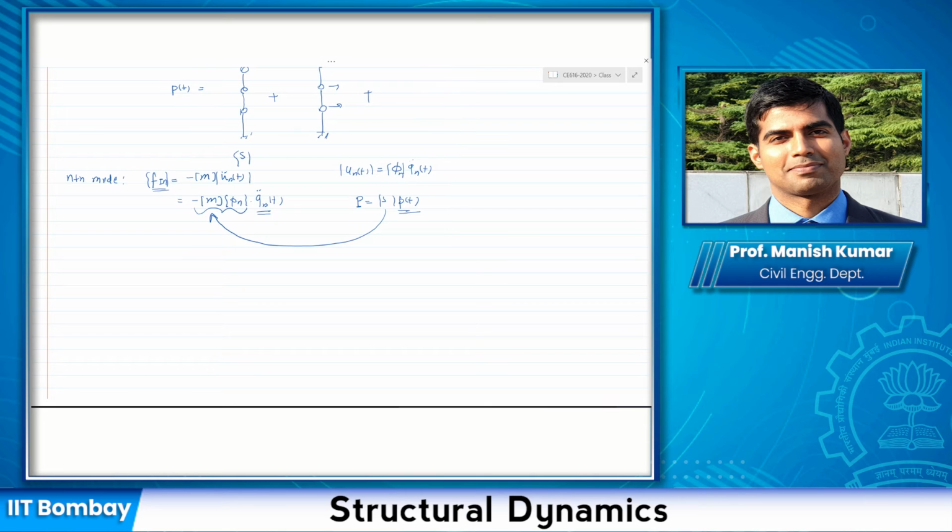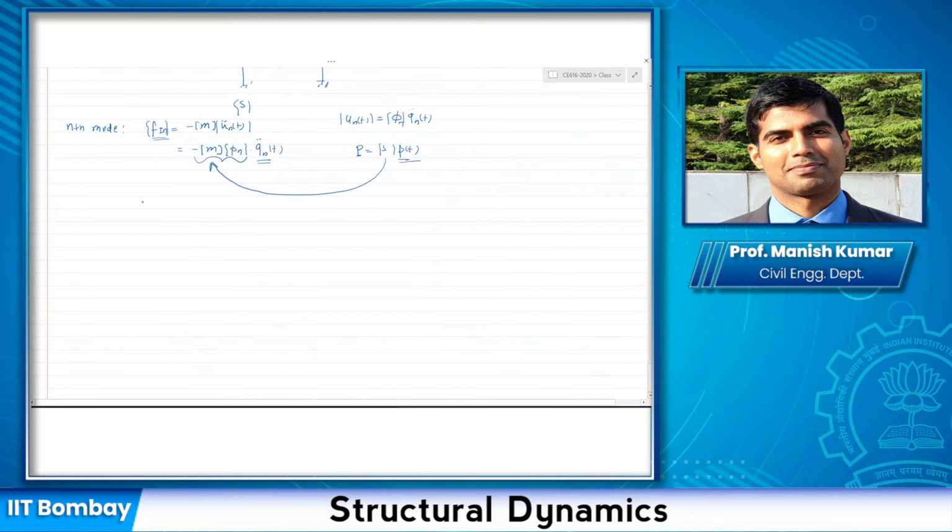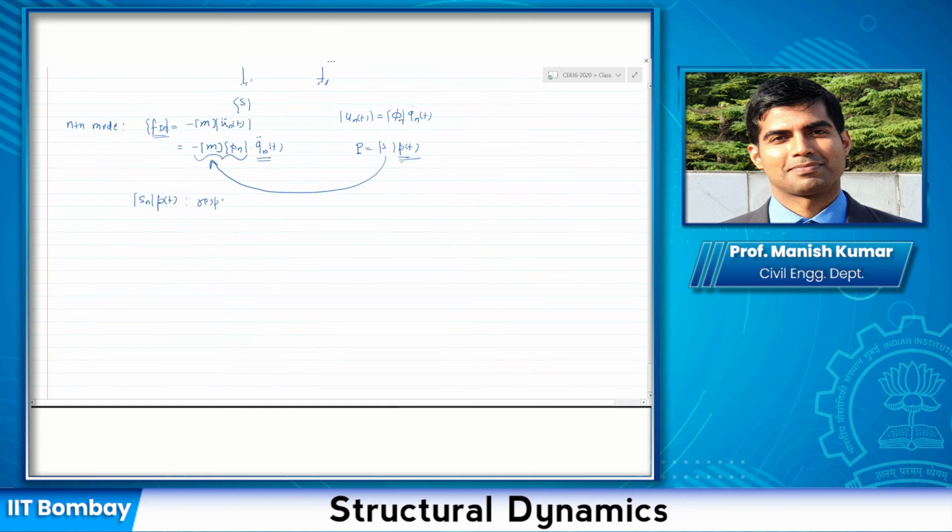Now, if you are able to find the S_n vector, which is the spatial distribution of force, then S_n times the time variation p(t) of this force would give you the response of all degrees of freedom in the nth mode.